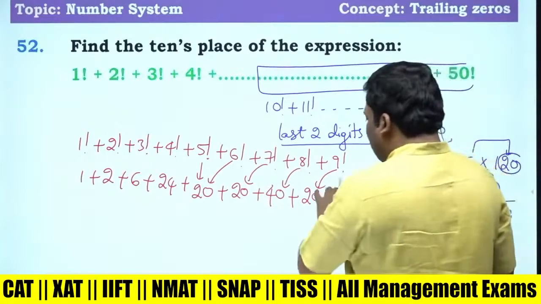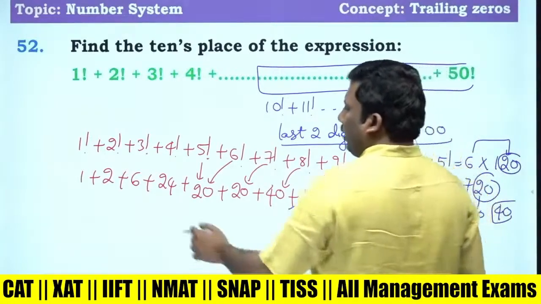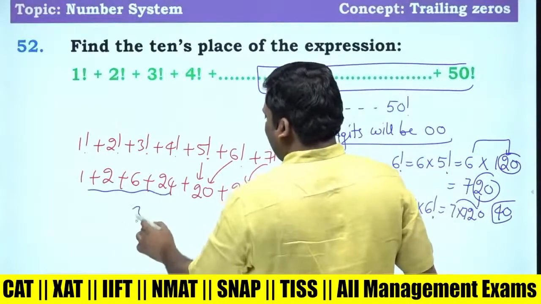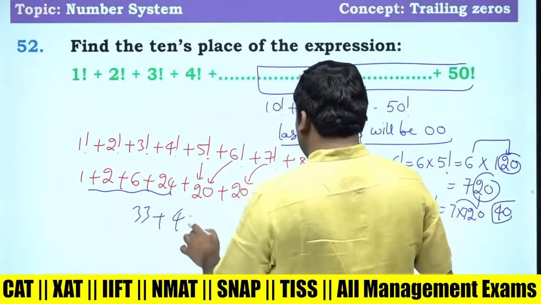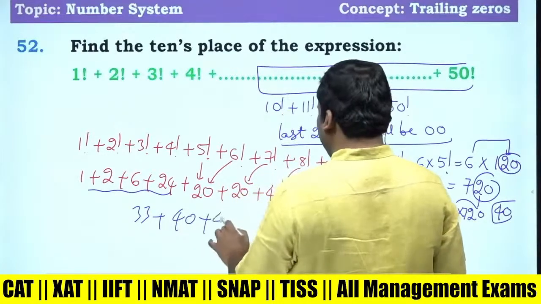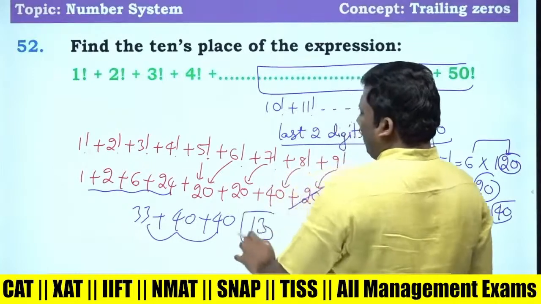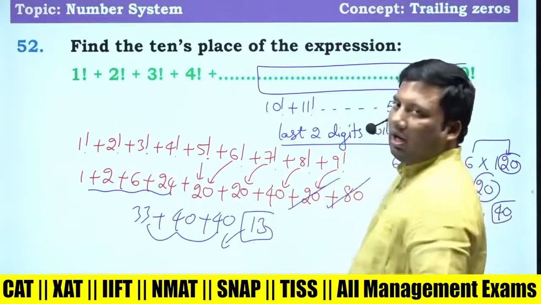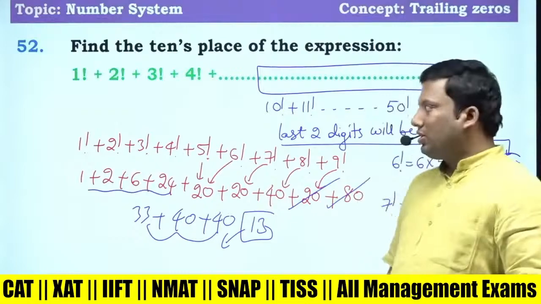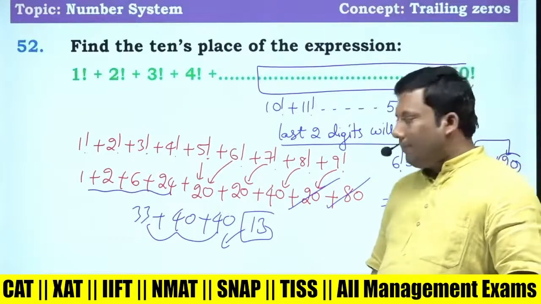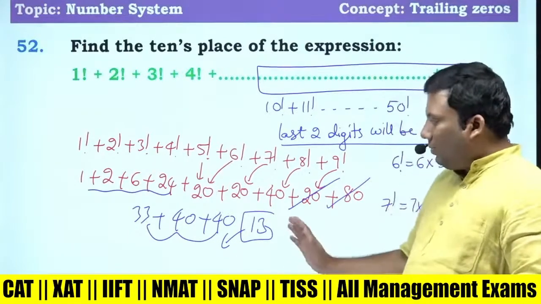Idea clear? 80 plus 20, 100. This is 33. This is 40. And this will be 40. Tens place, it is nothing but 1.